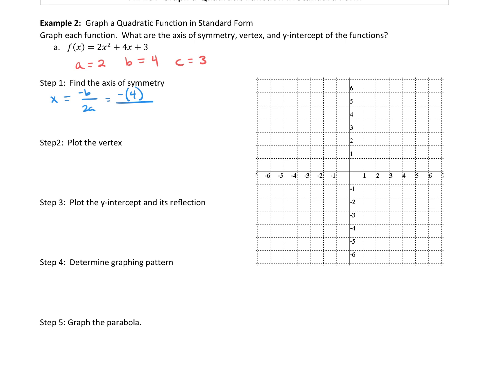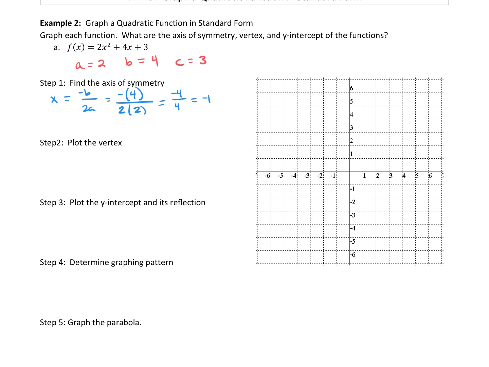Now I want to take note, sometimes, because the negative is part of the formula right here, sometimes you end up with a negative negative. So that will turn positive if they were both negative. They're not in this case, but just be aware that that happens sometimes. All right, over 2 times our a value is 2. So we have negative 4 over positive 4, which is negative 1.